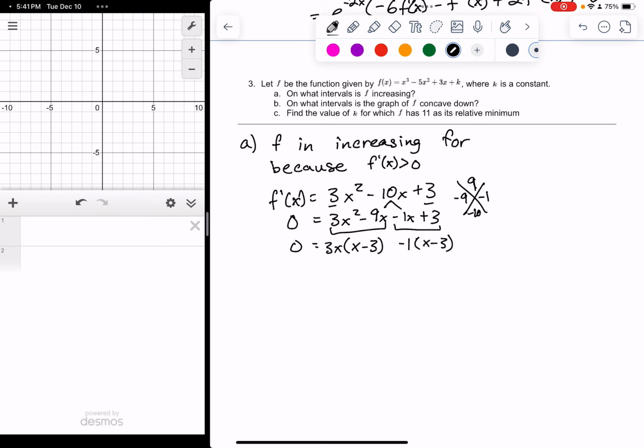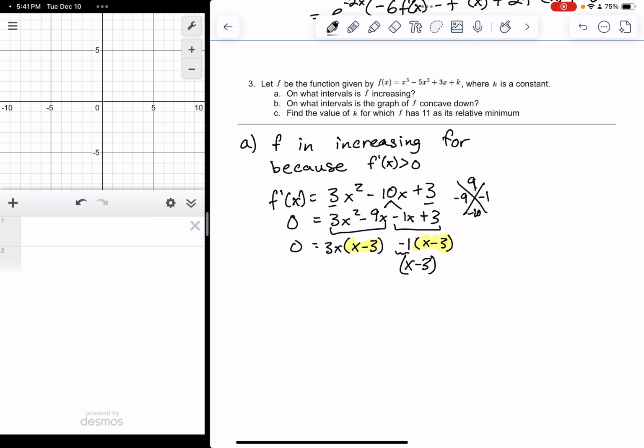Still equal to 0. Now I can factor out the x minus 3 from each of those, because those are both being multiplied by x minus 3. So we'll have an x minus 3 there.